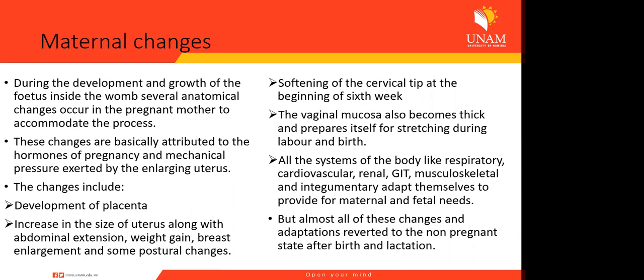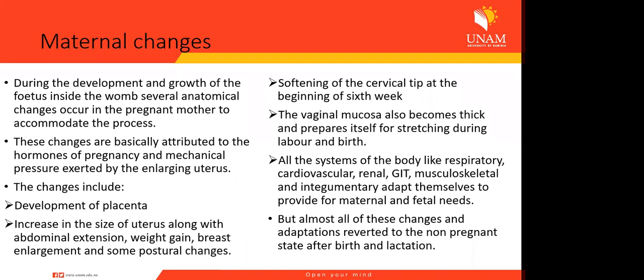All right, there's softening of the cervix tip at the beginning of the 6th week of pregnancy. The vaginal mucosa also becomes thick and prepares itself for stretching during labor and birth. And more importantly, all the systems of the body are involved in these changes to provide for both maternal and fetal needs and also for the puerperium.